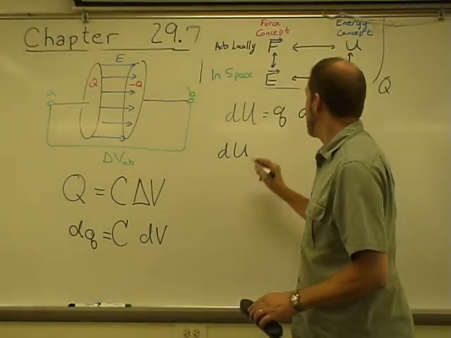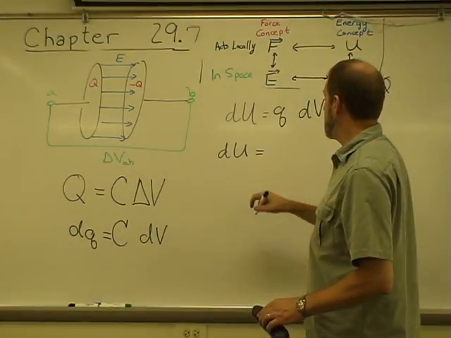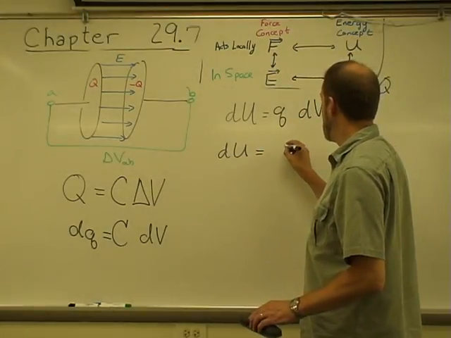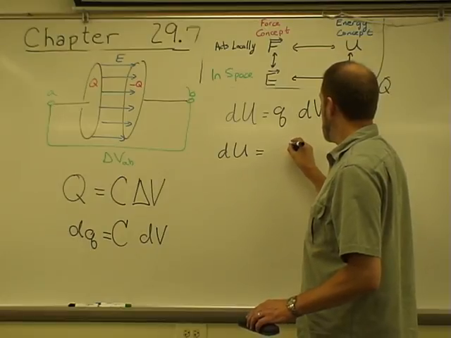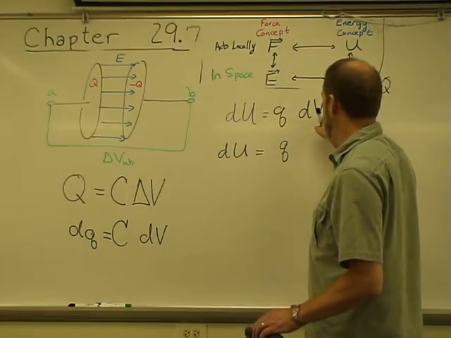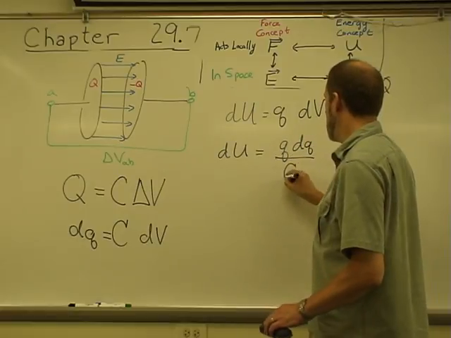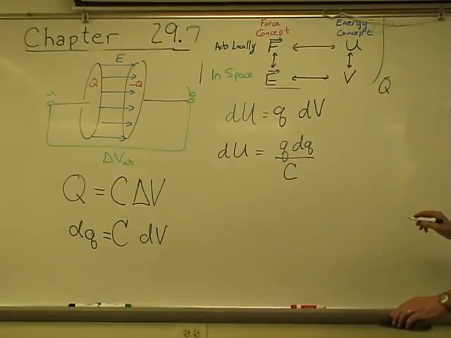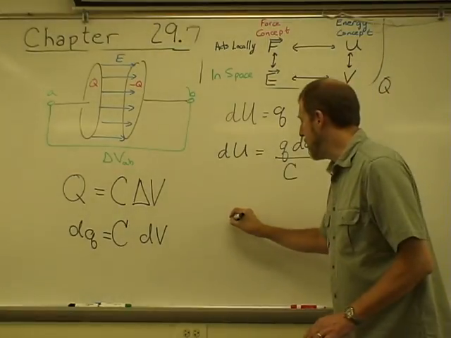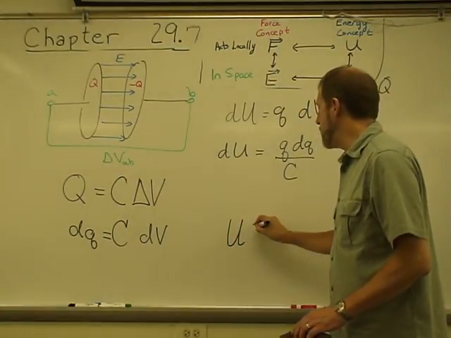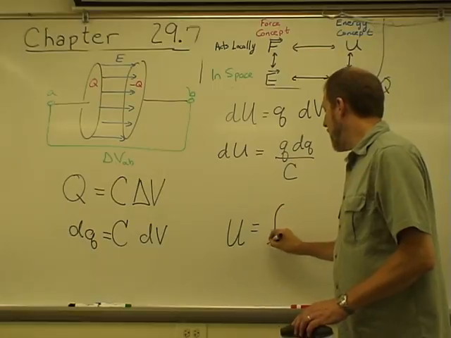And let me use this to write the change of potential energy as being Q times delta V, which is dQ over C.